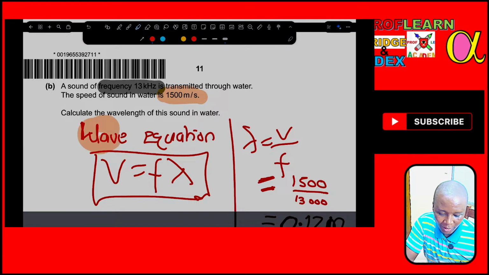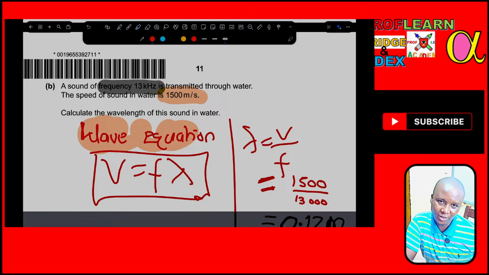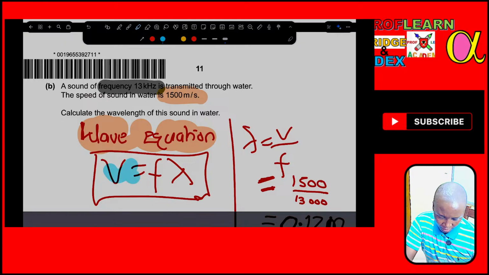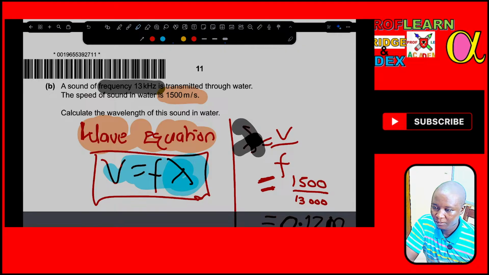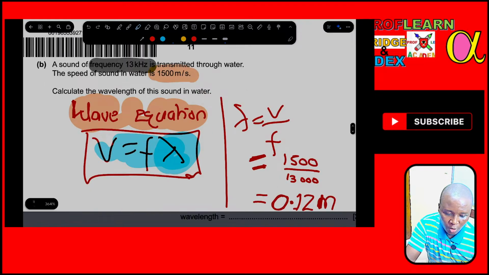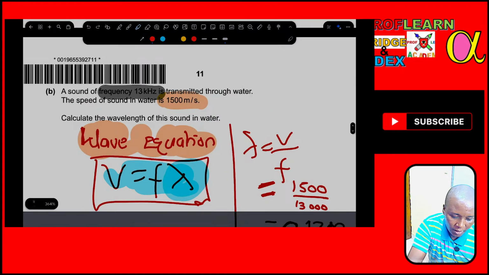For you to work out this question, we're going to use what we call the wave equation. The wave equation is usually v equals f lambda, whereby f is frequency and lambda is wavelength. If we want to find the wavelength, we're going to say it's v over f. And in our case, the main thing that you were supposed to remember is that this is kilohertz.